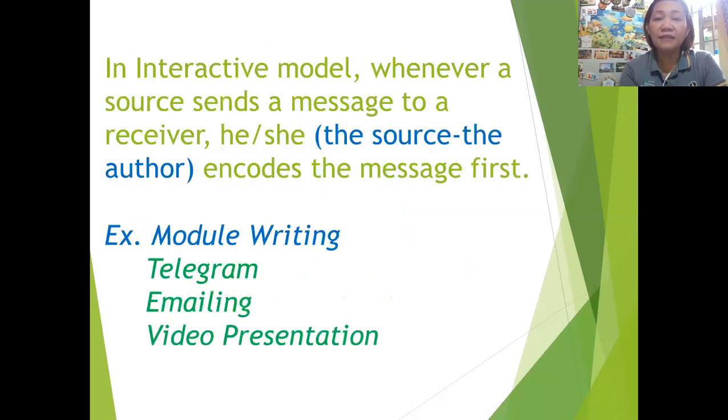In an interactive model, whenever a source sends a message, the teacher or the author of the interactive module, he is first the one to encode it. And then this interactive communication can be in different media. It can be module writing, Telegram, emailing, video presentations, and the like.